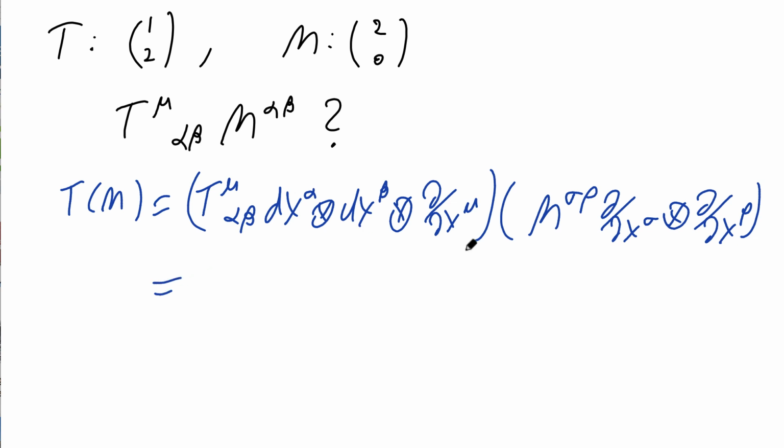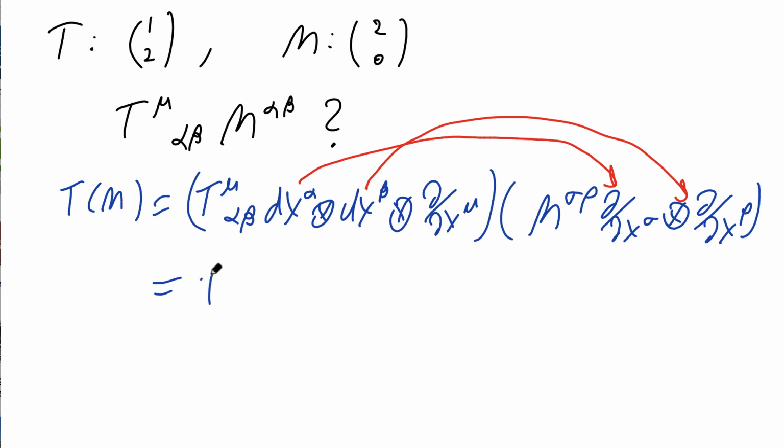And now we have to decide how this tensor is going to act on this tensor. If we let this covector factor act on the first vector factor here and dx^β act on ∂/∂x^ρ, then what we obtain is T^μ_{αβ}. Let me write these coefficients first.